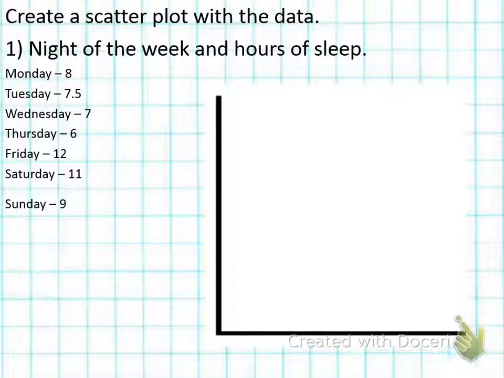So the way I could do this is I would take my x-axis and write down the days of the week. Monday, Tuesday, Wednesday, Thursday, Friday, Saturday, and Sunday, okay?